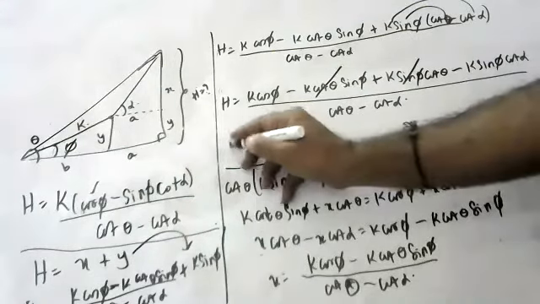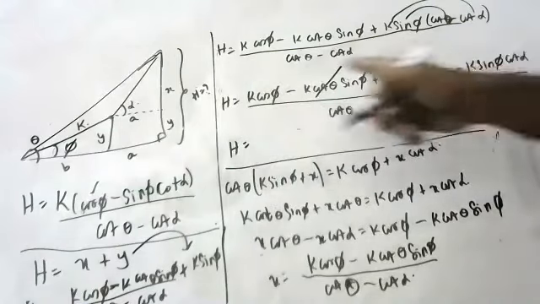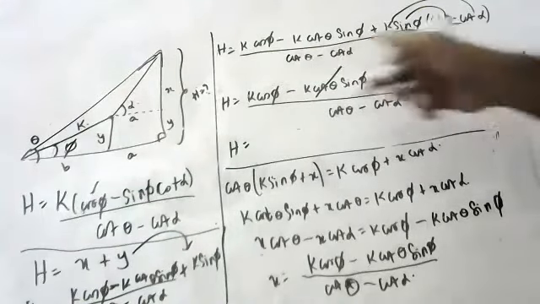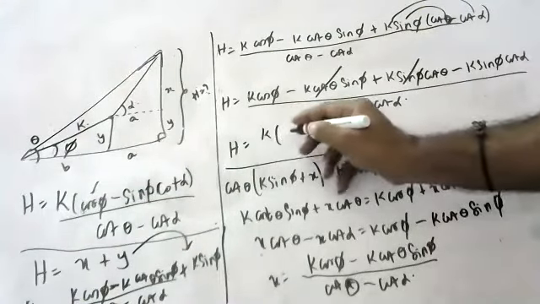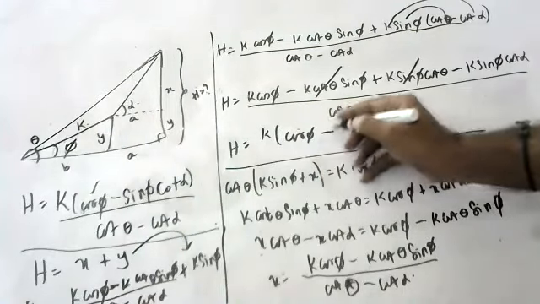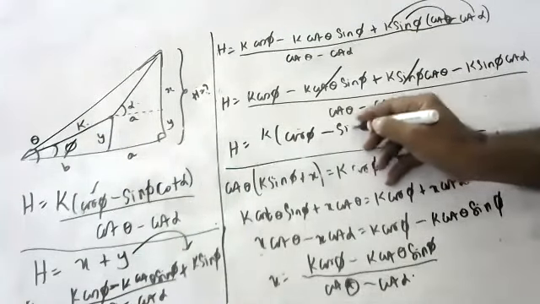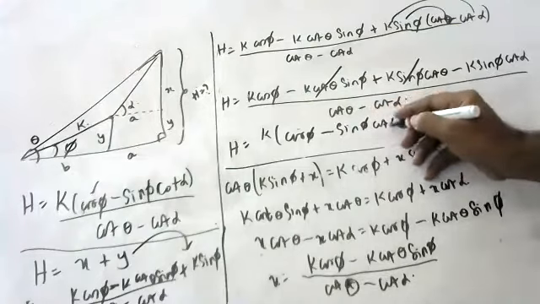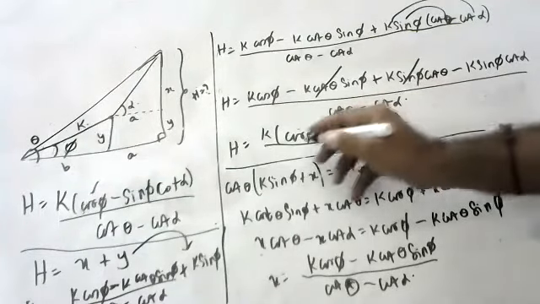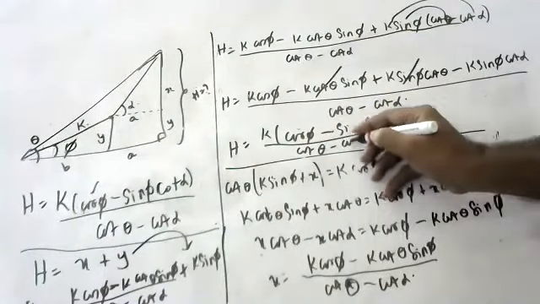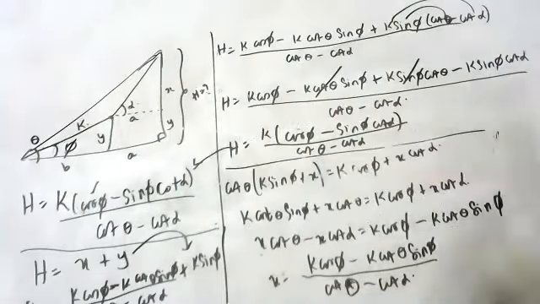That is the answer. In this, what is common? K is common. So h equals k times cos phi minus sine phi cot alpha, by cot theta minus cot alpha. Hence proved. A little bit lengthy question, but very fantastic and interesting.